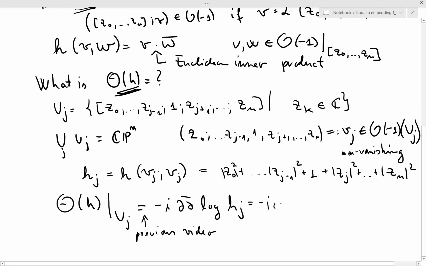So it's negative i del-bar del of log of this sum.